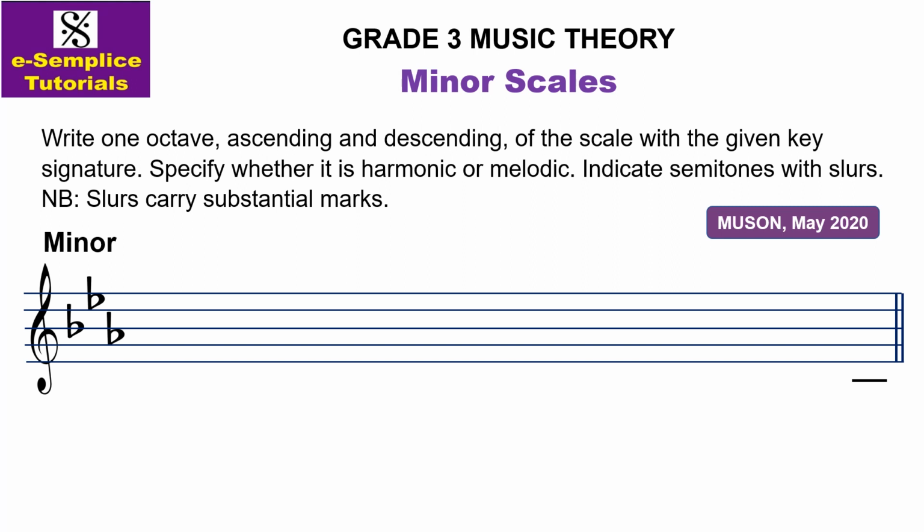NB, slurs carry substantial marks. Now we are given a minor key here with 3 flats. From your knowledge of key signatures, the only minor key that has 3 flats is C minor.